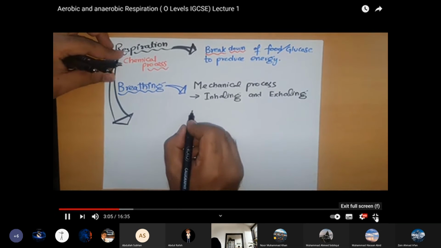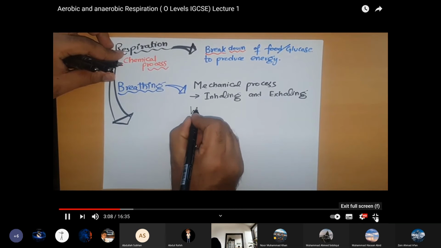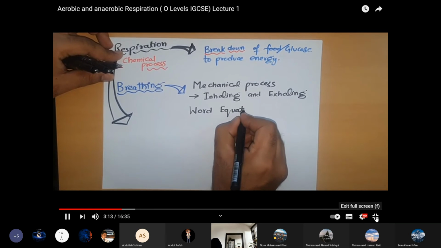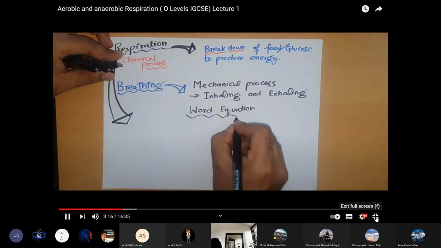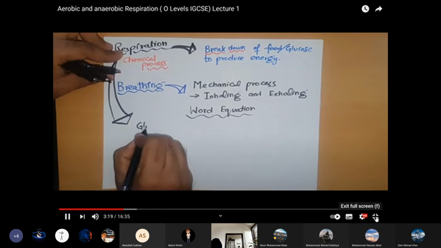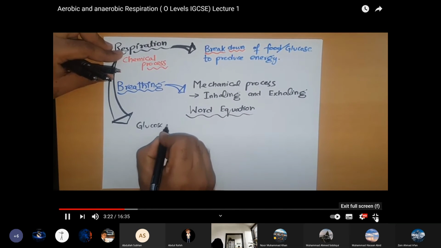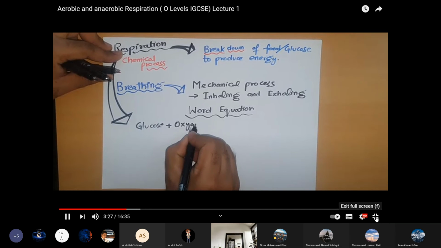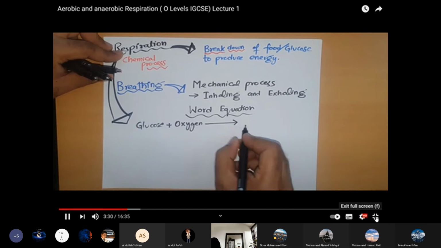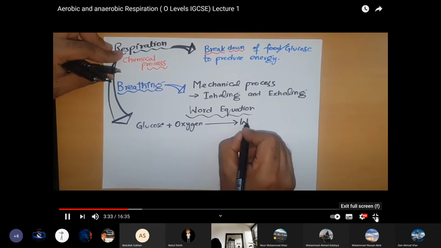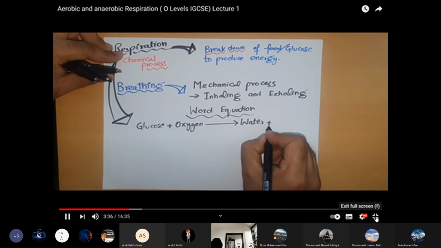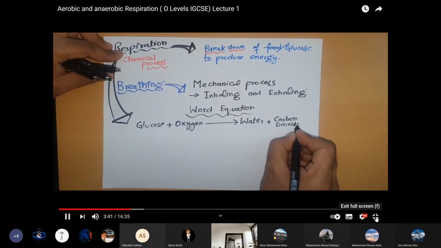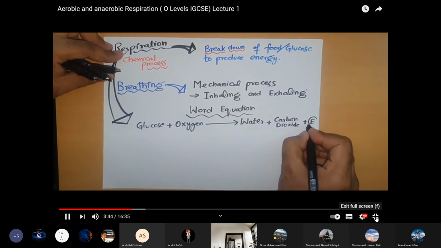In the word equation form, we will simply say that glucose joins with oxygen and then it breaks down into water plus carbon dioxide plus energy.